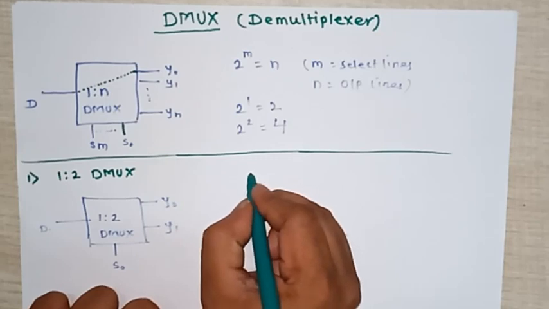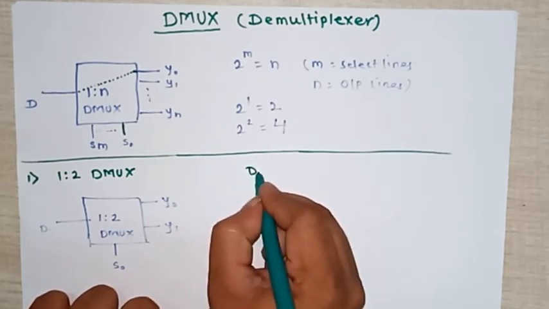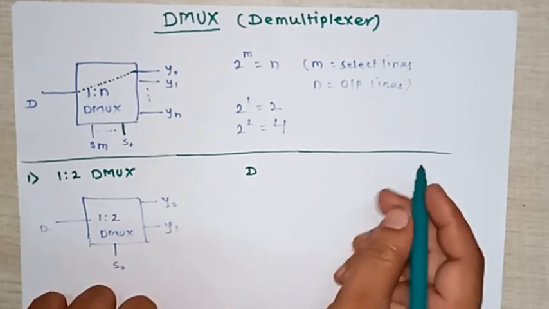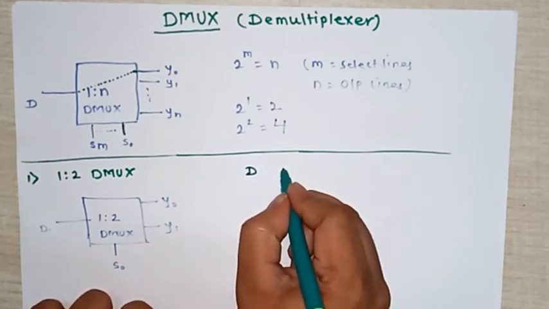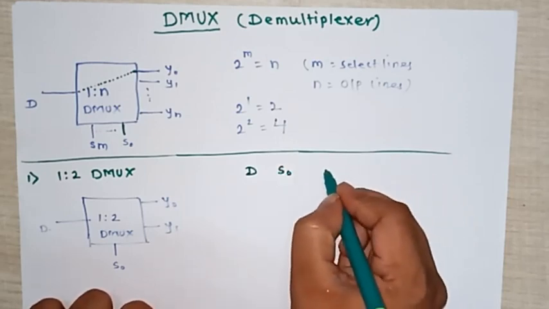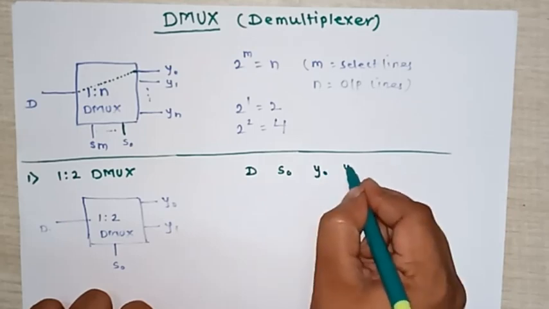For the truth table, here we have to select input D, then select line S0, and outputs are Y0, Y1.